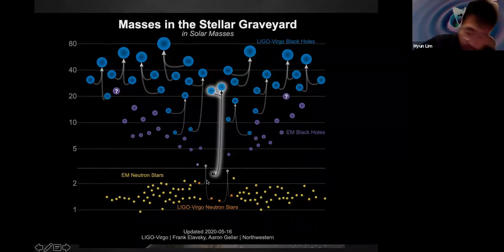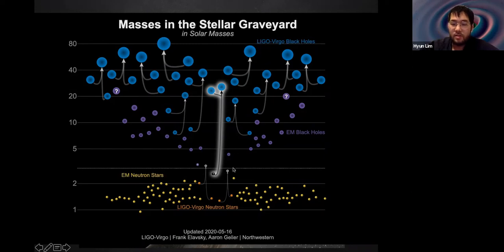Using theory, we know that there's some upper limit for neutron stars. And by observation, we know there's some lowest mass for black holes. The lowest mass of a black hole we can see right now is about 5 times the mass of the sun, and the neutron star mass limit is again about 2.5, or a little higher or lower. So the question is, what is the object between 2.5 and 5?